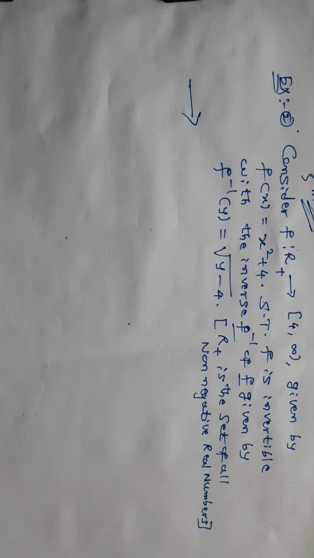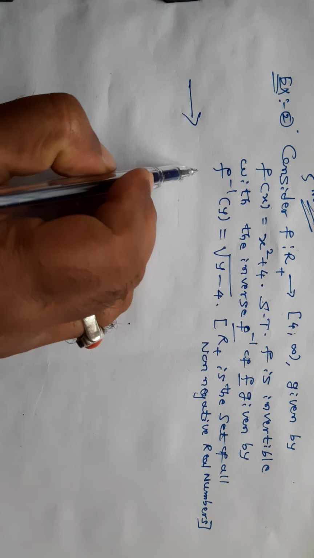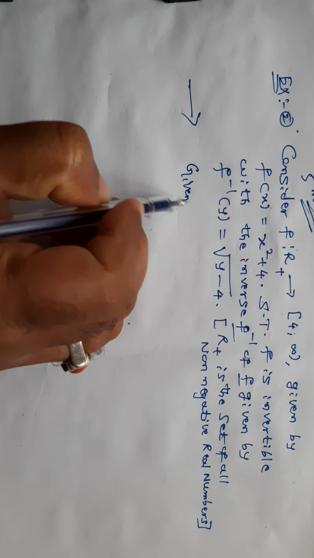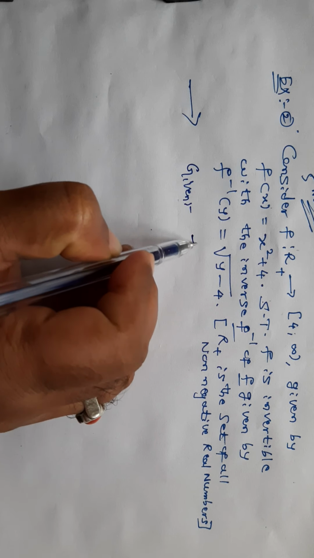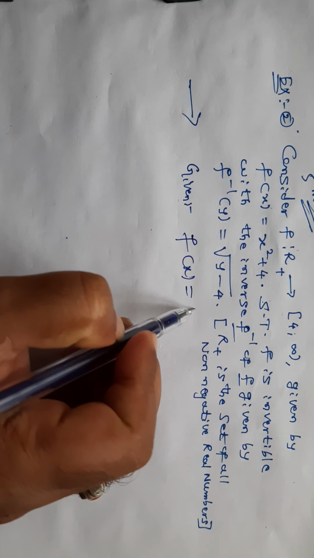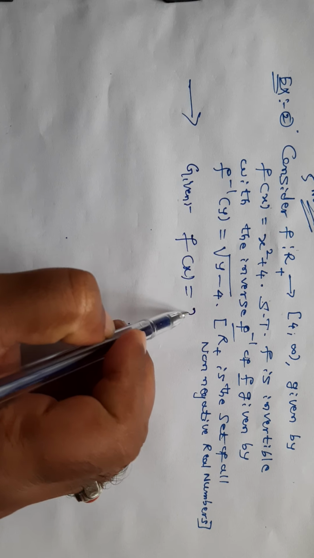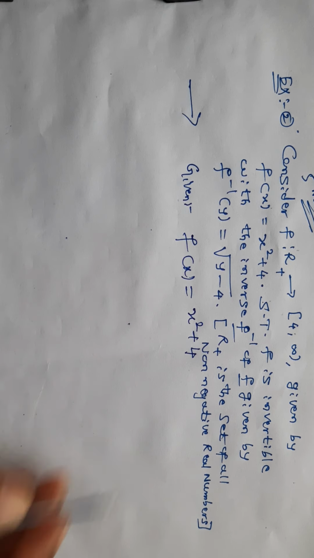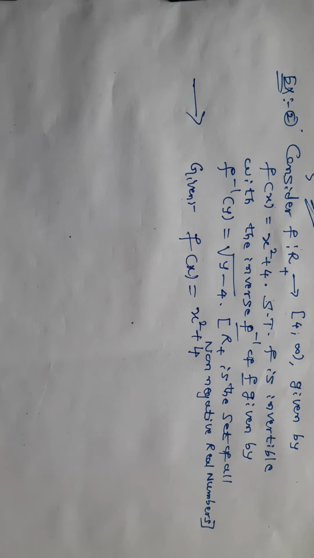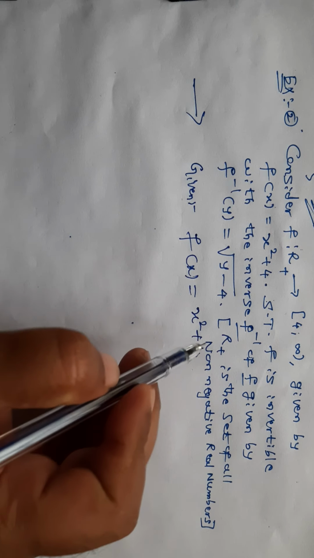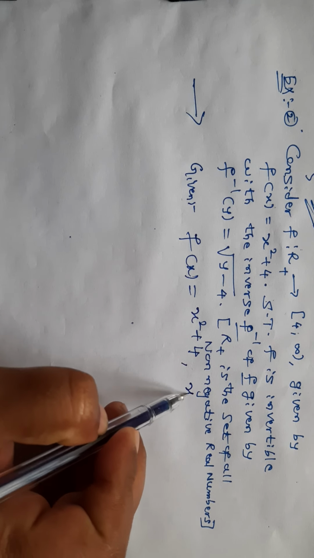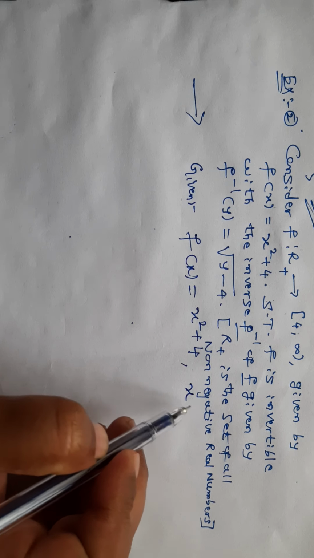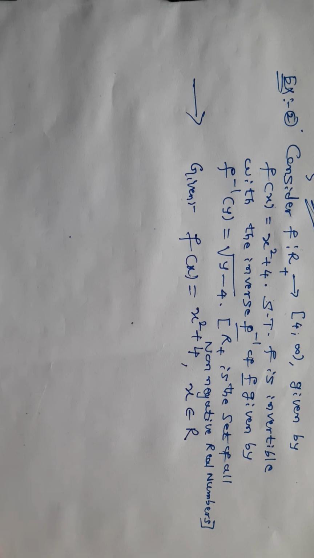So first of all, what is given here? The given function is f of x is equal to x square plus 4, where x is a real number.